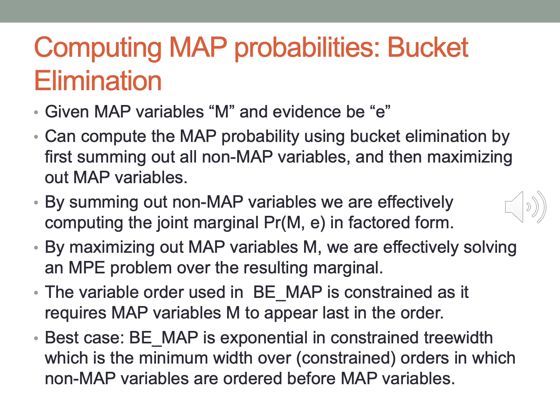And typically, since we are searching over constrained orders, the constrained tree width is going to be much higher as compared to the tree width of the graphical model. And this is a problem, because computational complexity is exponential in tree width, and now it's exponential in constrained tree width, which in practice I should say is going to be much larger as compared to the tree width.